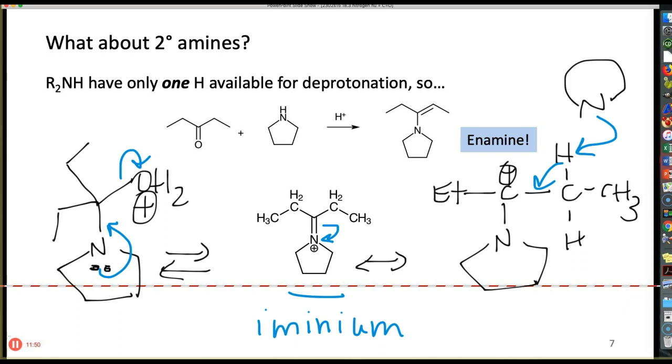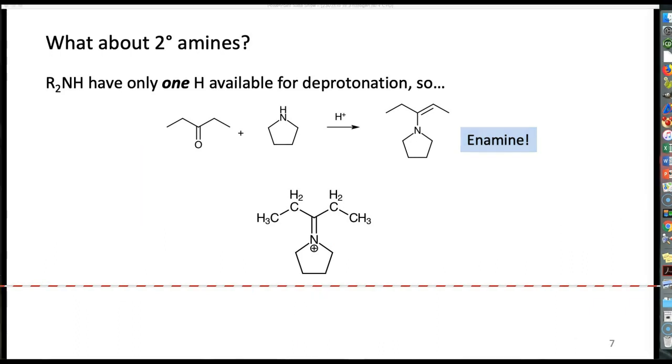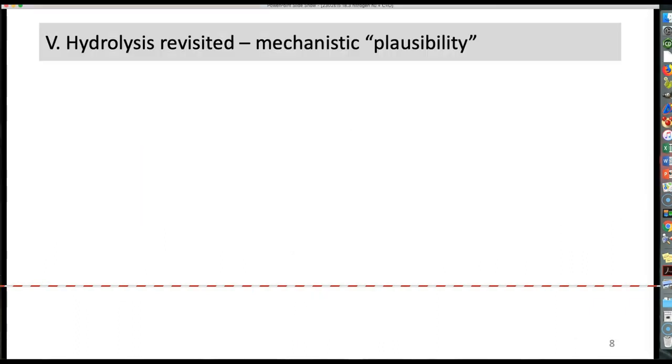So, primary amines give imines. Secondary amines give enamines. And Carty assigns quite a few very handy-dandy homework problems that I have also assigned that show that enamines are a lot like enolates.